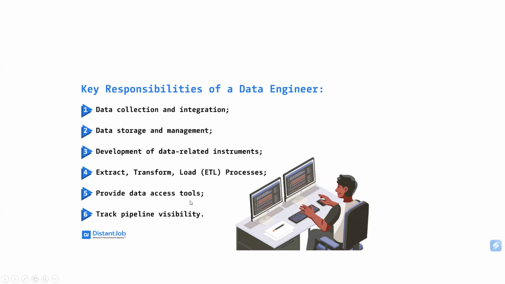There are two types of these pipeline standards: ETL and ELT. We'll talk about them. The next thing is providing data access tools. This is where you, as a data engineer, are responsible for deciding who should access this data.